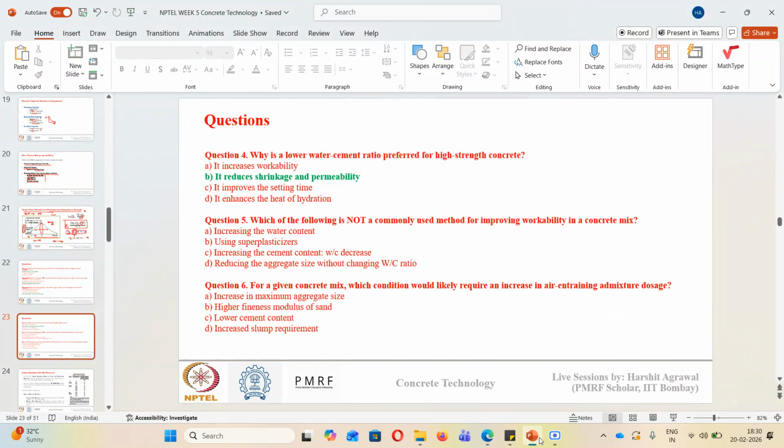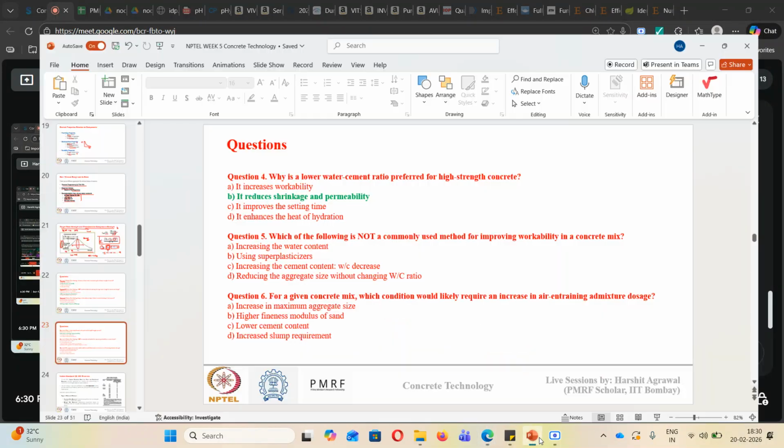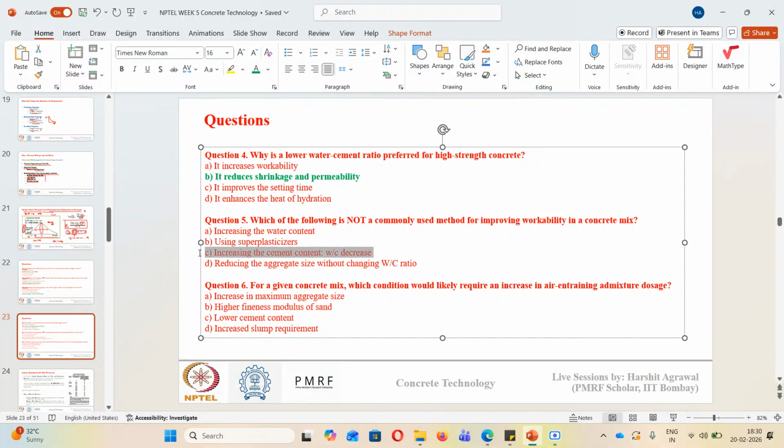For question number 5, the correct answer is C. Okay, so if we are increasing cement content, we are reducing the W by C ratio. Now, if we are reducing the W by C ratio, we won't be improving the workability. We will do the opposite. Okay, because now there is less free water available in concrete, so it will make concrete stiffer rather than flowable.